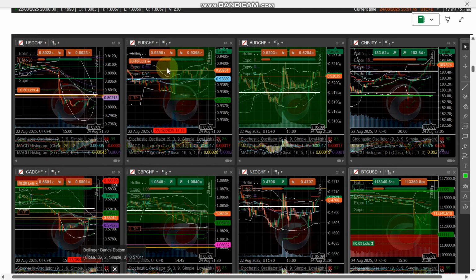Euro Swiss franc and GBP Swiss franc are a little bit contrary according to the weekly midline. They go both ways, but I don't see the weekly.